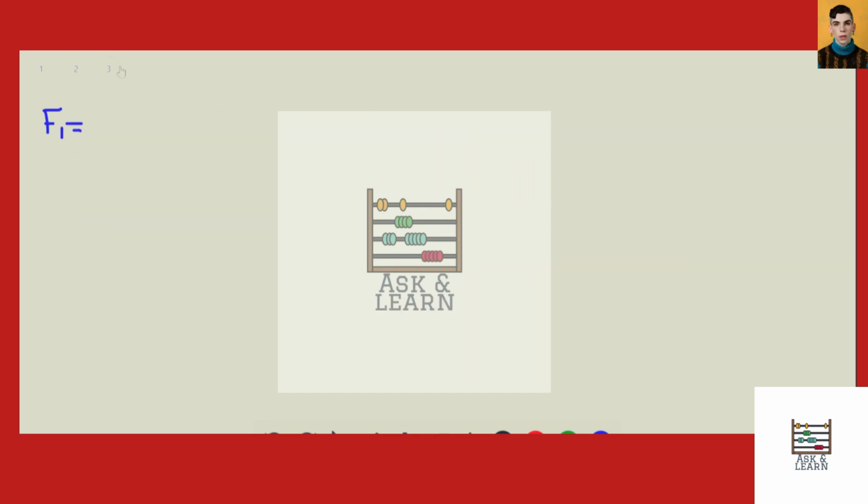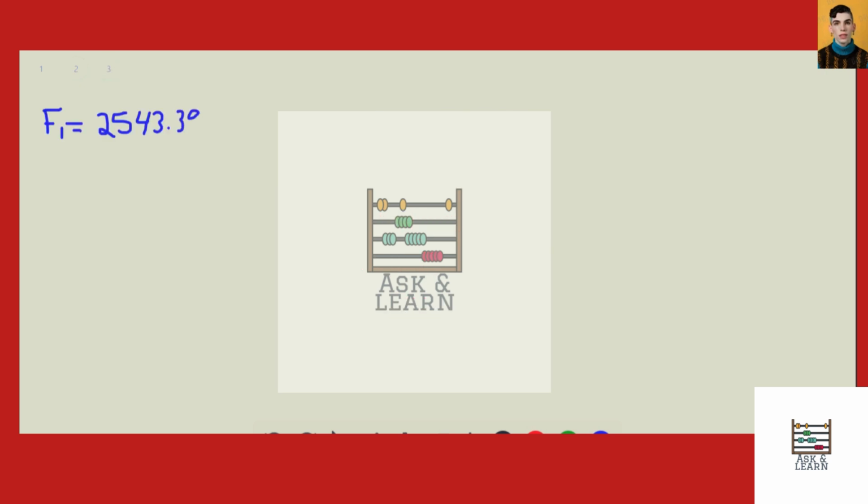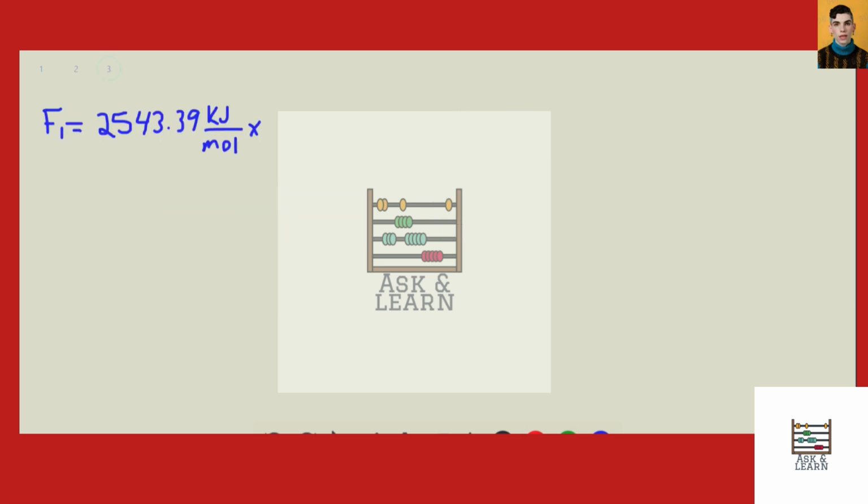I'm just going to put in absolute numbers: 2,543.39 kilojoules per mole times 1 mole over 54 grams.